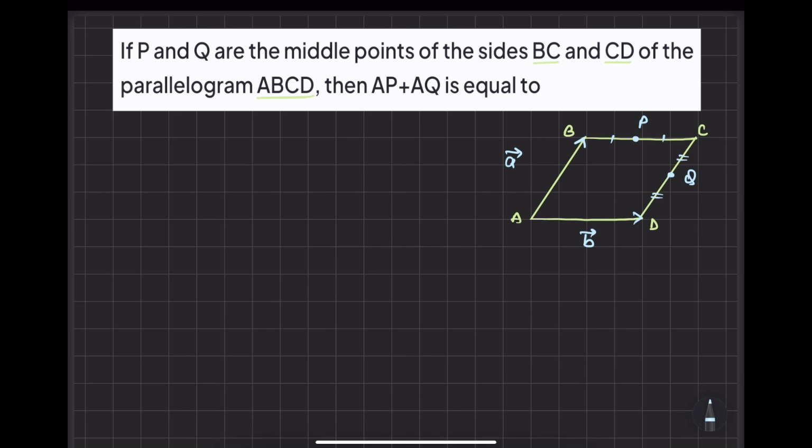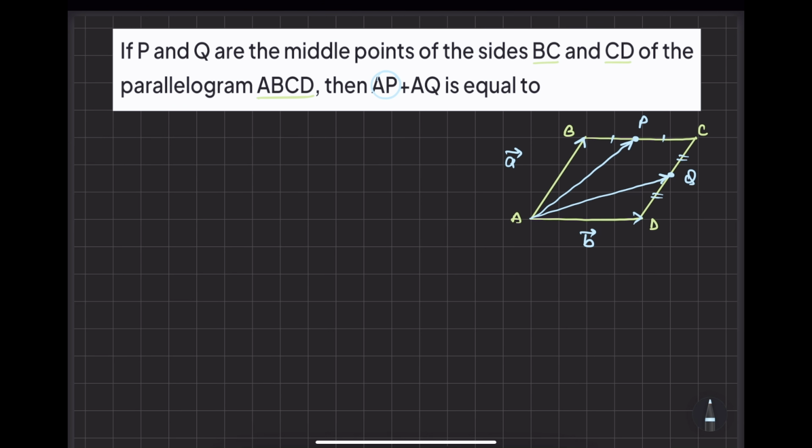Now let's connect this thing. Why am I connecting? Because we need AP, we need AQ, and O is the origin.